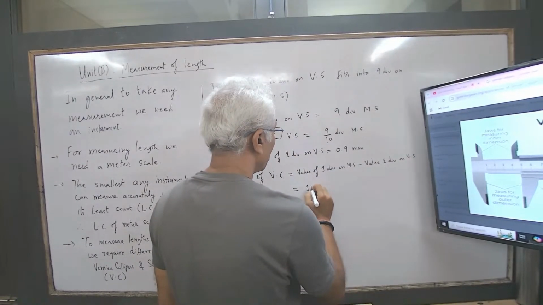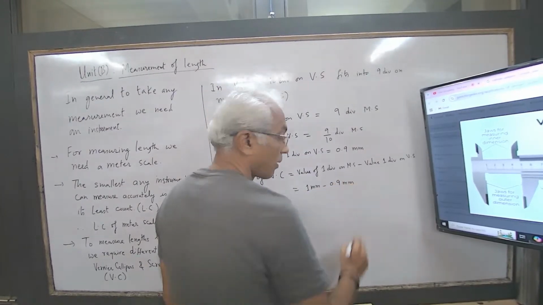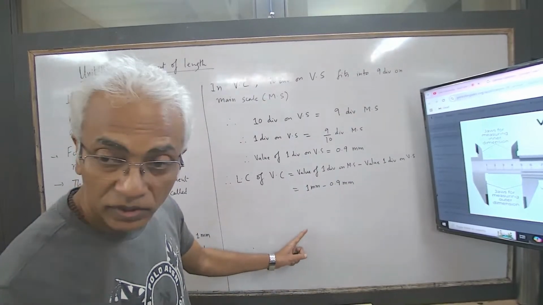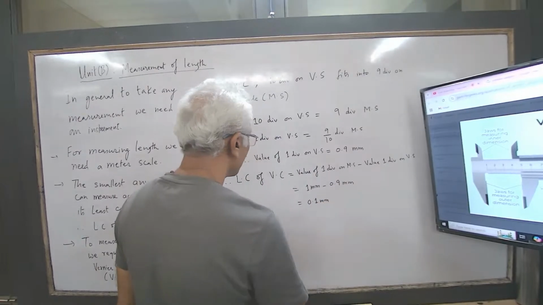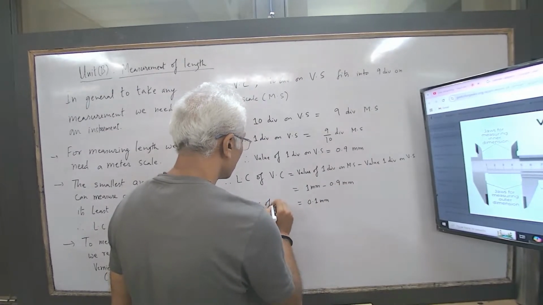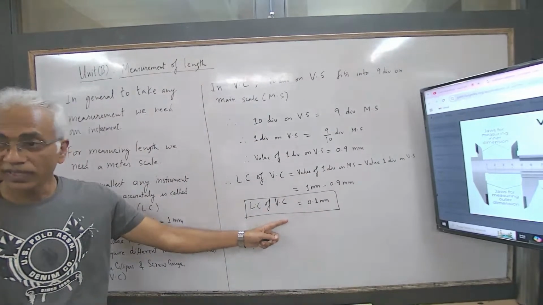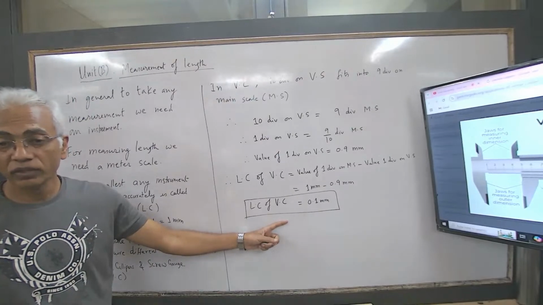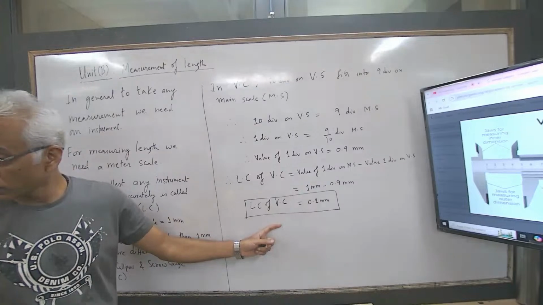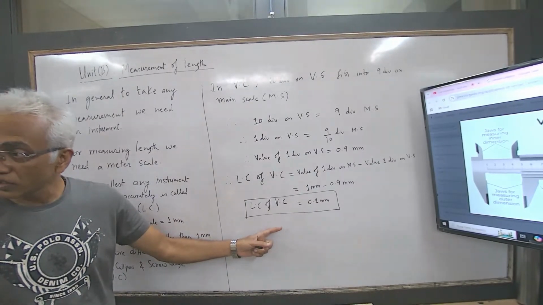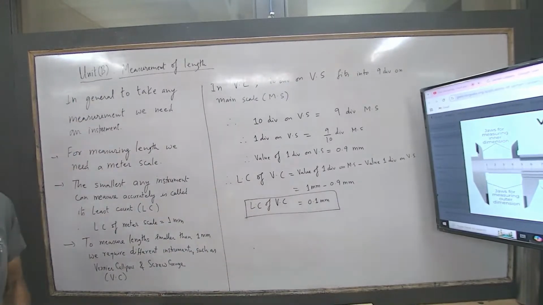That is 1 millimeter minus 0.9 millimeter. So this is now 0.1 millimeter. So this is the least count of vernier calipers. So this can measure lengths up to 1/10 of a millimeter. Its accuracy has improved, right? So this is how you calculate the least count of vernier calipers.